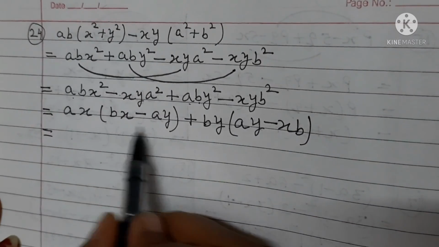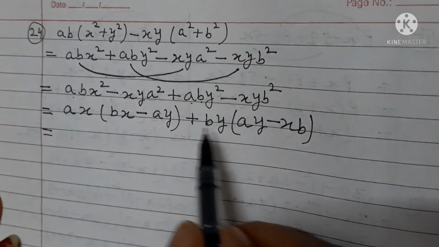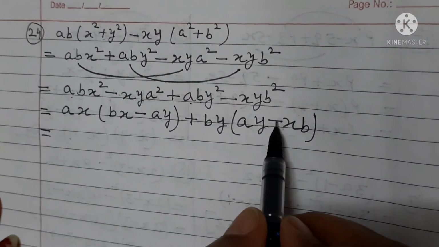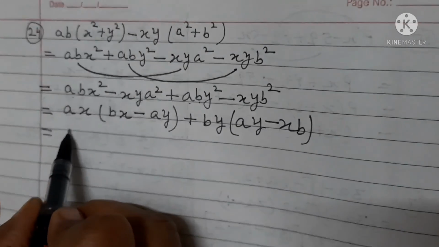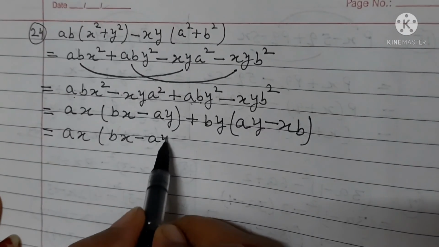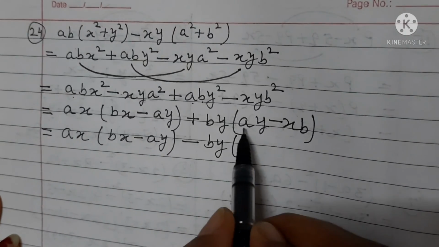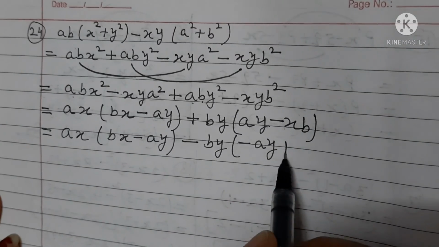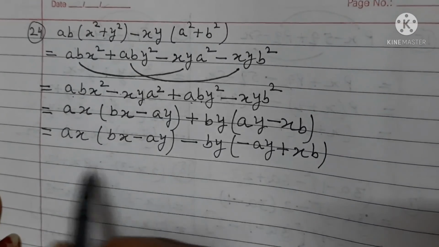Now see these two terms: here bx - ay, here minus bx and plus ay. It means you can take the minus sign common from these two terms. So ax(bx - ay), and when you take out minus common, this term becomes minus ay and this becomes plus bx, or xb, same thing.